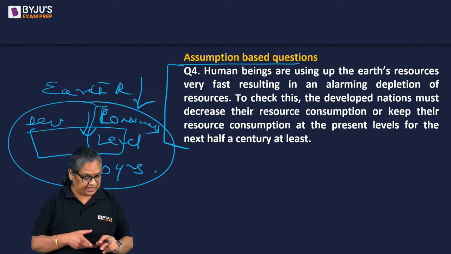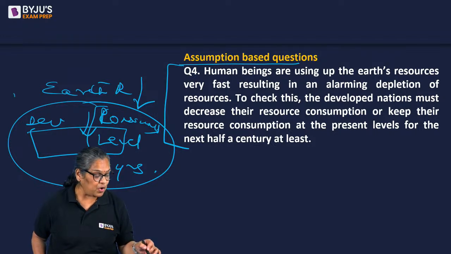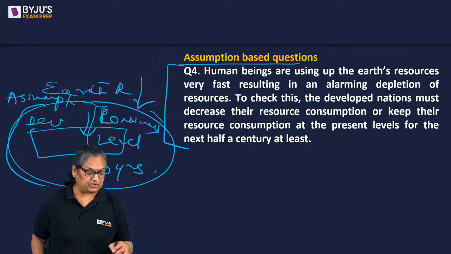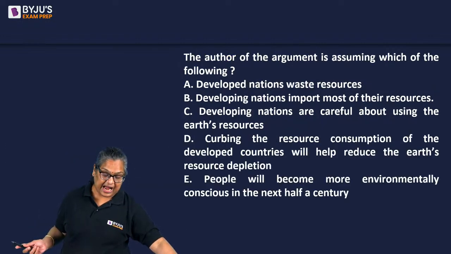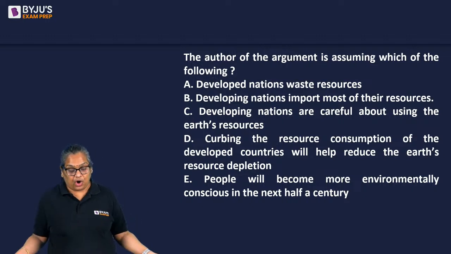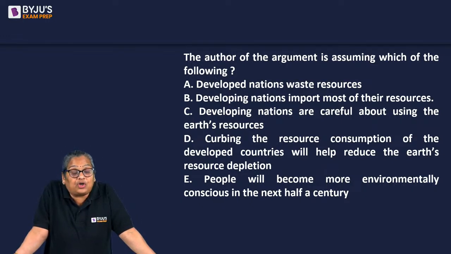That is his solution. So when he comes up with this solution to this problem, what is the assumption? On what basis has he come up with this solution? What has he thought of when he has come to this solution? That is the assumption. The author of the argument is assuming which of the following. He is not asking what you and I are assuming, Ankit. Correct? So, author of the passage, the author of the argument, what is his assumption?